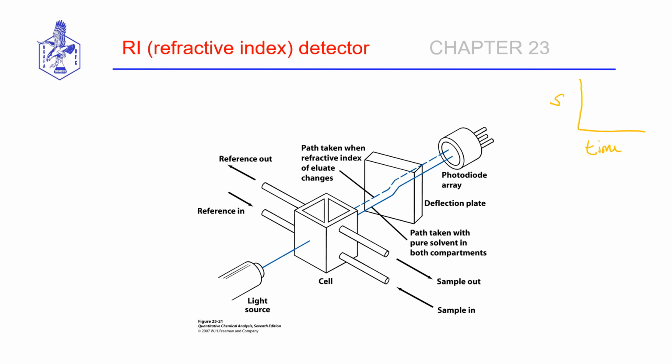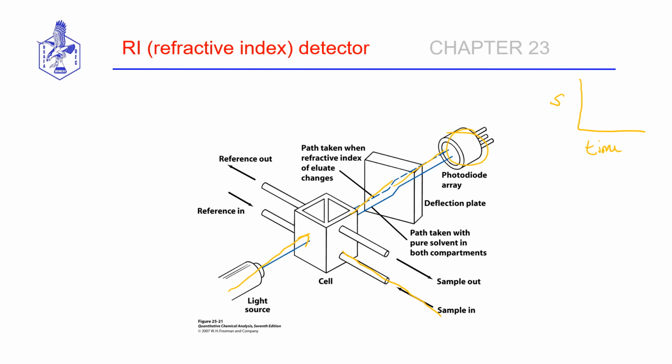All species, all solutions are going to have a refractive index, and the way these work is you have sample coming in, populating the chamber, you have a light source, and any light coming out follows through a deflection plate to a photodiode array detection means.